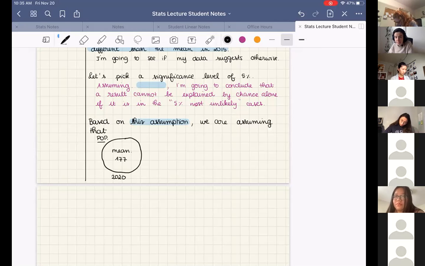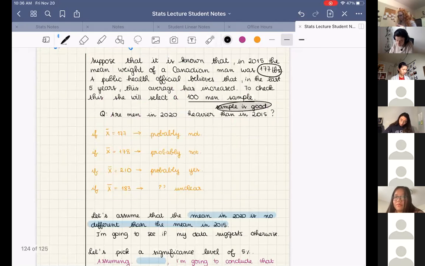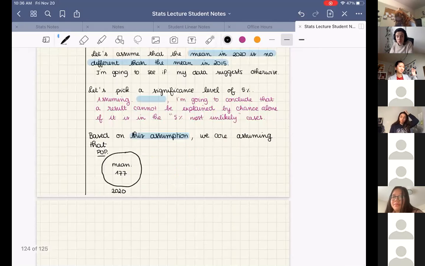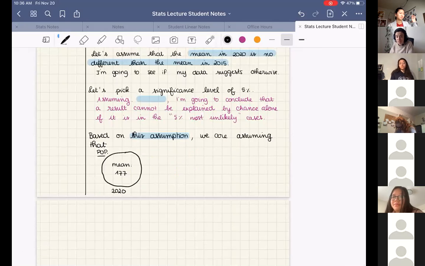This is for our case in particular, based on what we did before, because you know that the mean in 2015 was 177, and therefore, if you're assuming that there's no difference, then you're assuming that in 2020, the average was also 177.